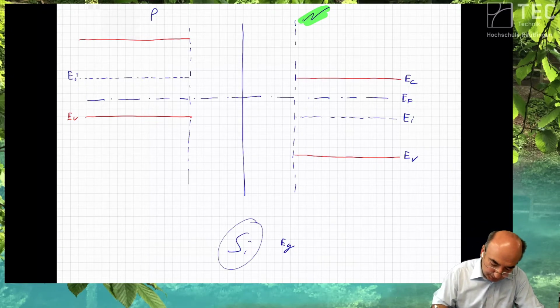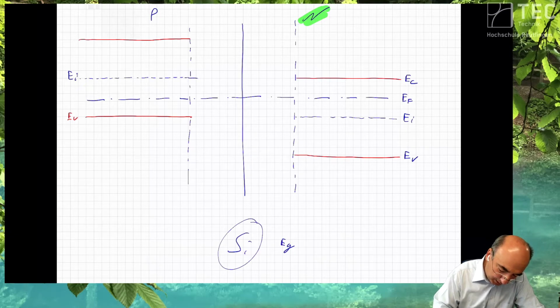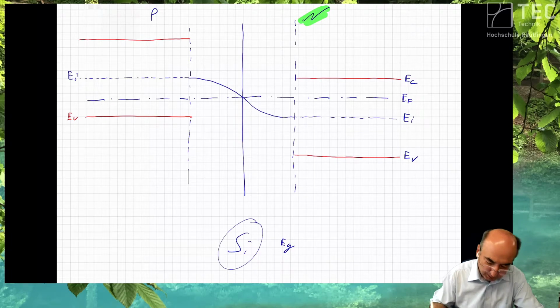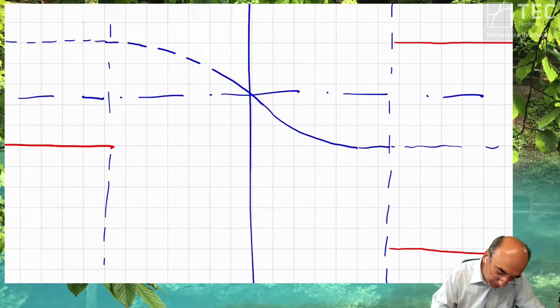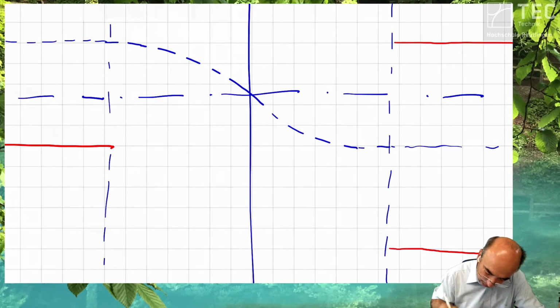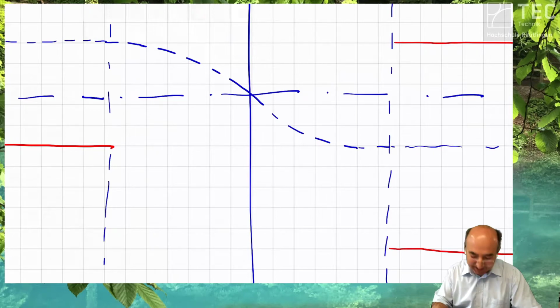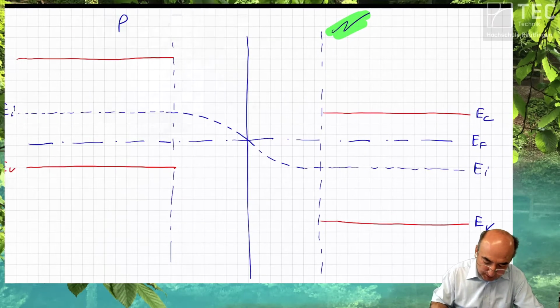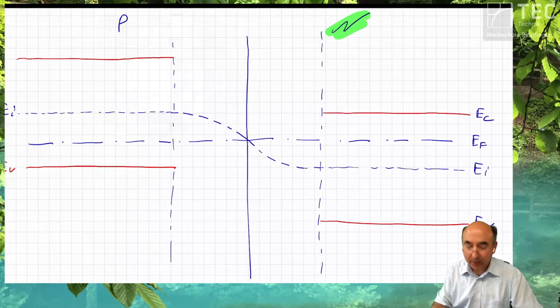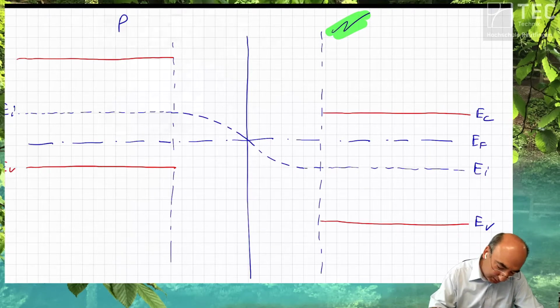Let's start with the intrinsic one. The bending goes through the center and ends here. So we have the dashed line now. And we do the same, roughly in parallel with the band edge of the conduction band.